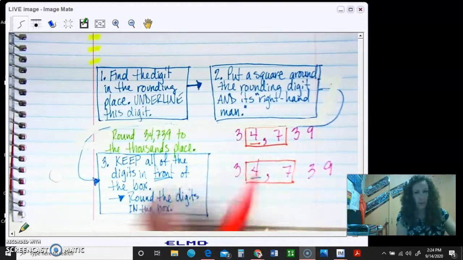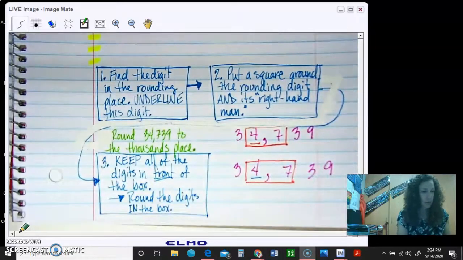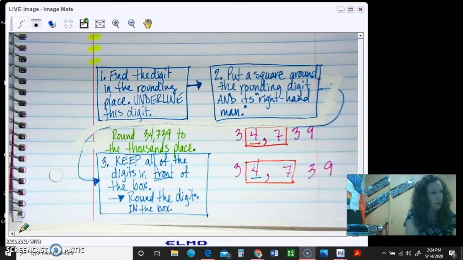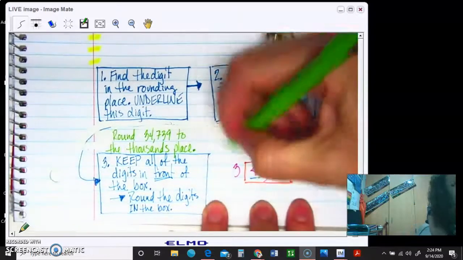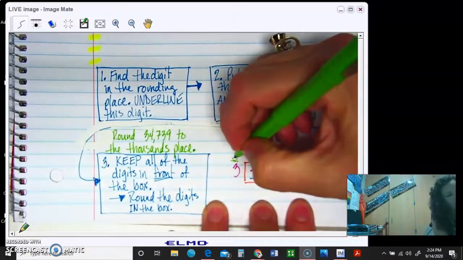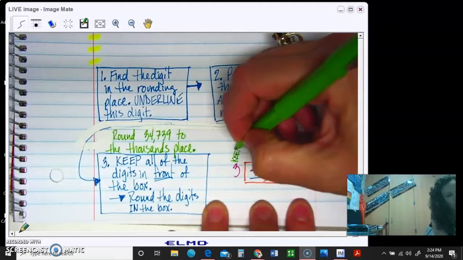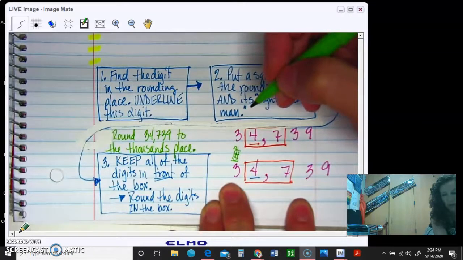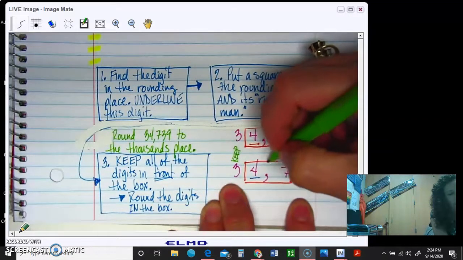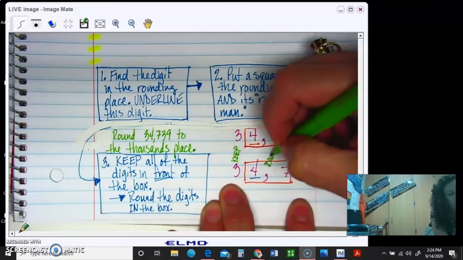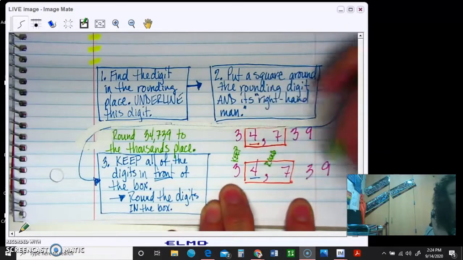Now for the number 3 step. We are going to write diagonal here. Keeping the 3. Okay? This whole box, we are going to round. That's what we are doing. And then whatever is after the box becomes zeros.